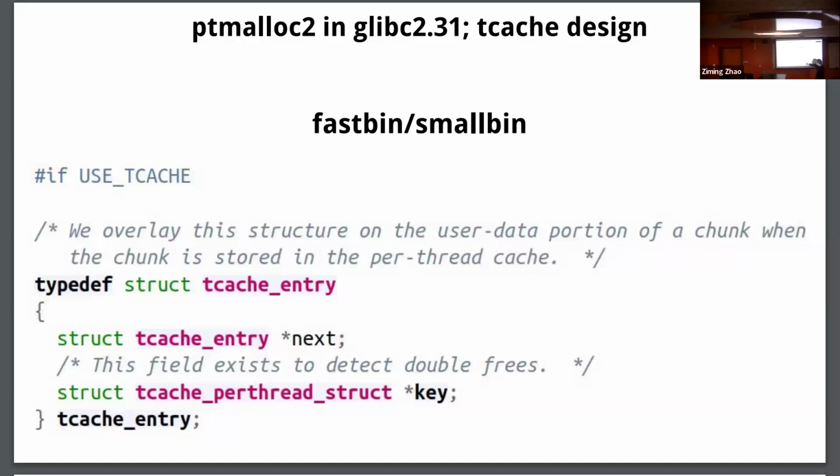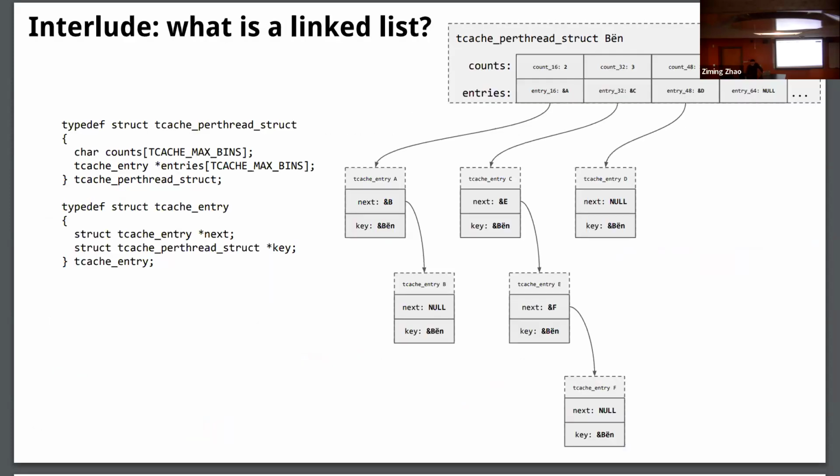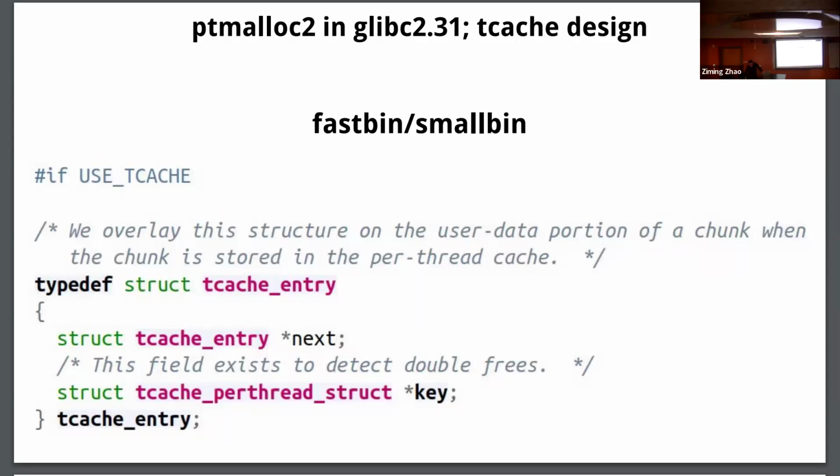Anyway, now we have two pointers. One is for the singly linked list. The other one, everyone points to the same thing. So those are for small memory chunks, in the fast bins or small bins. The key actually points to the T-cache per-thread structure, which is the global structure we showed before.